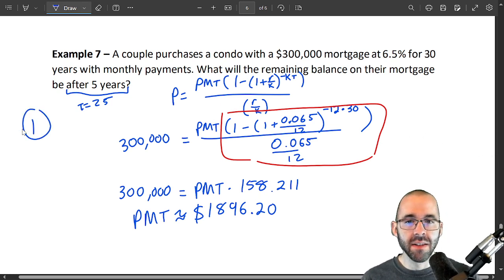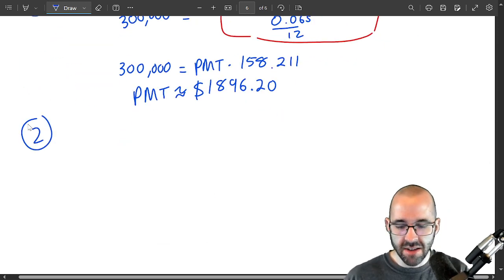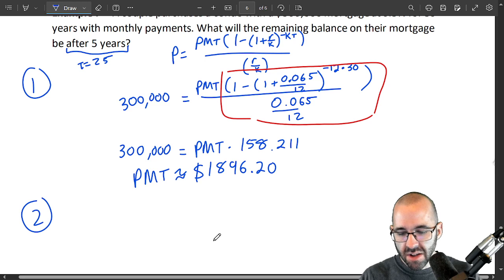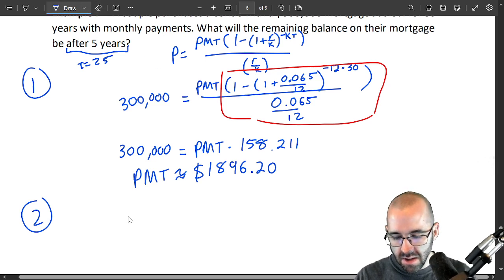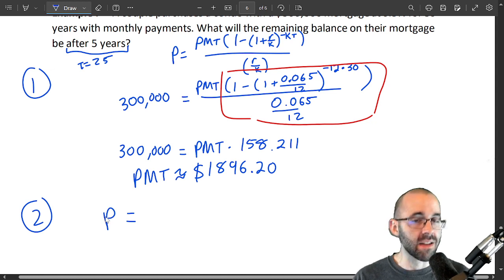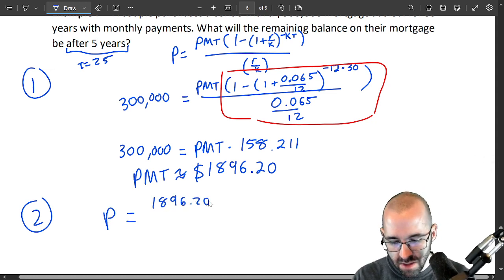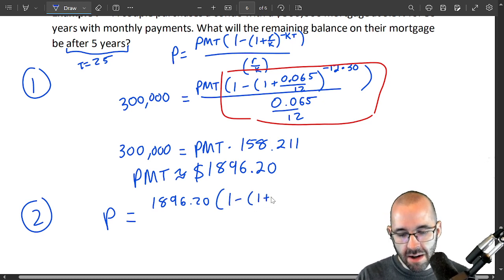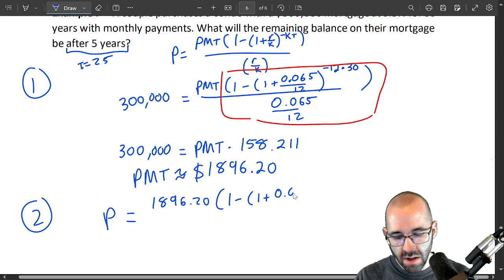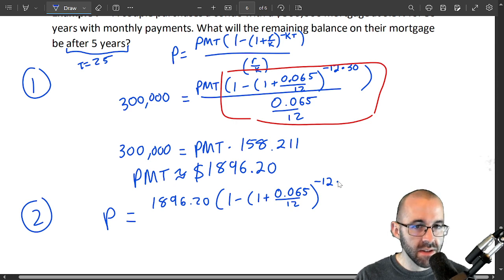Finding the payment. And once we find the monthly payments, then it's just like the previous example. So it's still the same formula here, but now we're curious how much. We don't know what P is going to be now. If we have these monthly payments, and most of the other things are the same. 0.065 over 12. But now we're not curious about paying this off in 30 years.